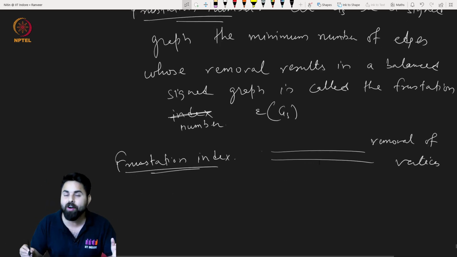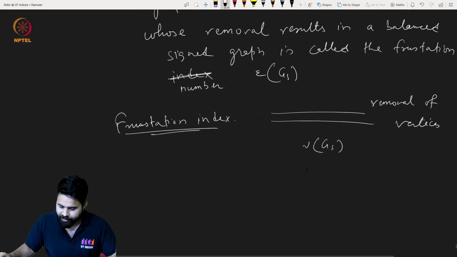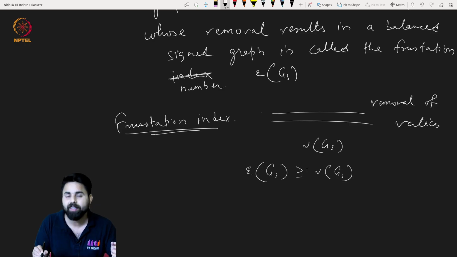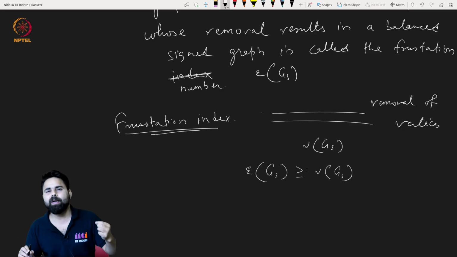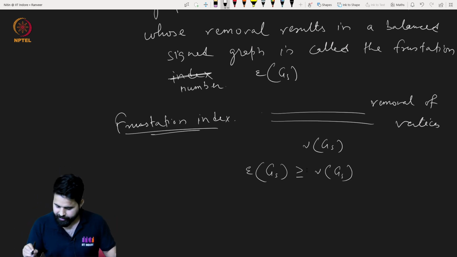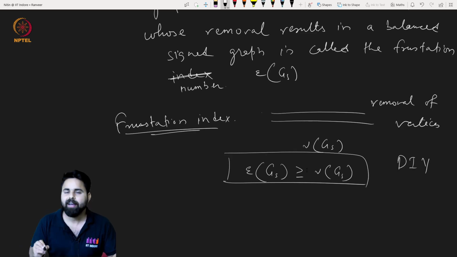We will denote it by v of GS. And by the way, if you check, this quantity will always be greater or equal to epsilon of GS. Why is it so? Because just by removing a vertex, you can actually remove many edges. Maybe you can consider it as a DIY.